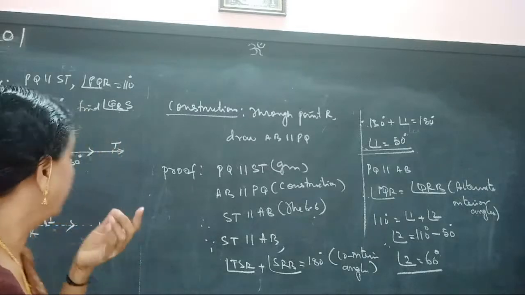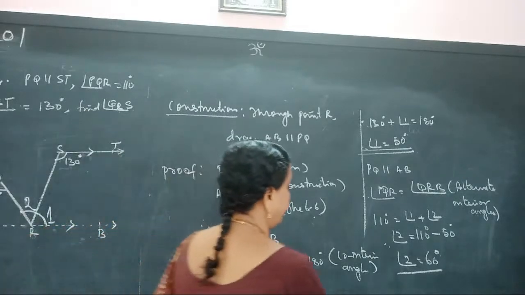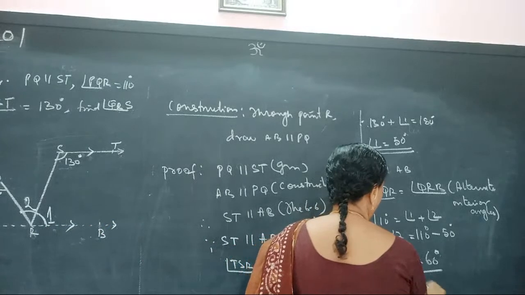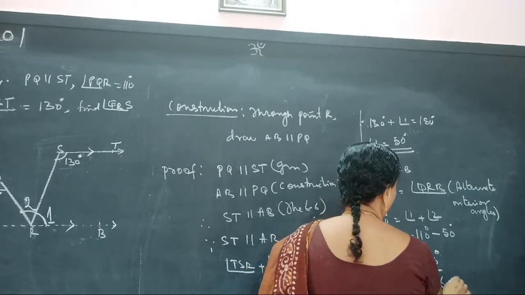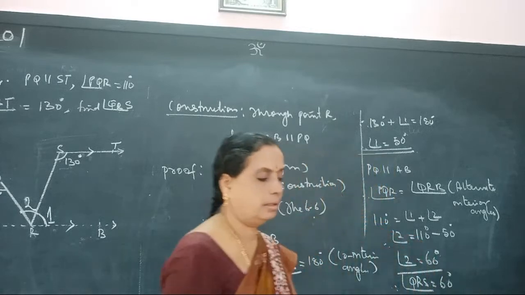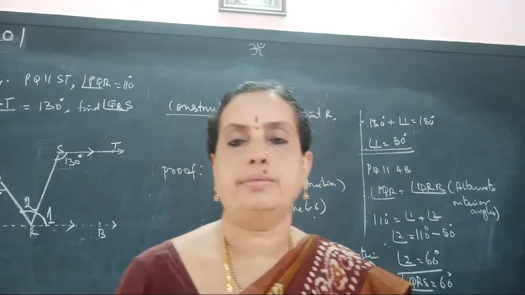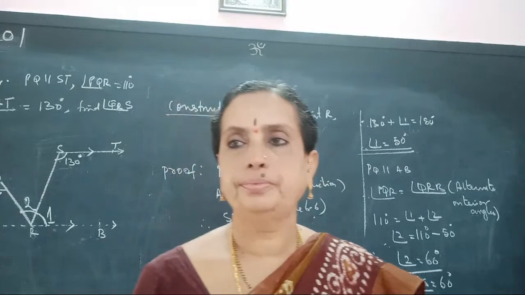Angle 2 is nothing but angle QRS. Therefore, angle QRS equals 60 degree. That is the required answer. Clear?